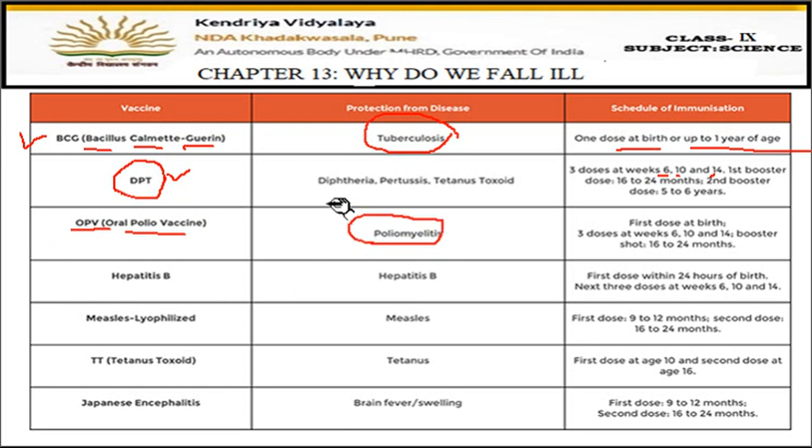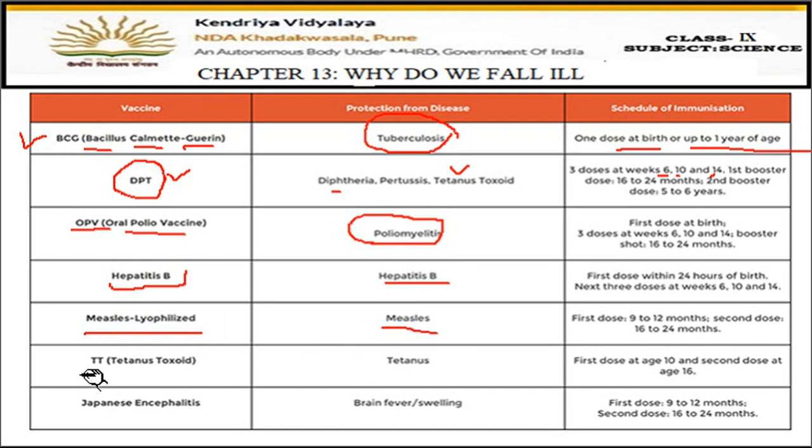DPT was against diphtheria and tetanus. Then the hepatitis B vaccine is also available, against the disease hepatitis B. Then the measles vaccine is given to protect the child from measles.